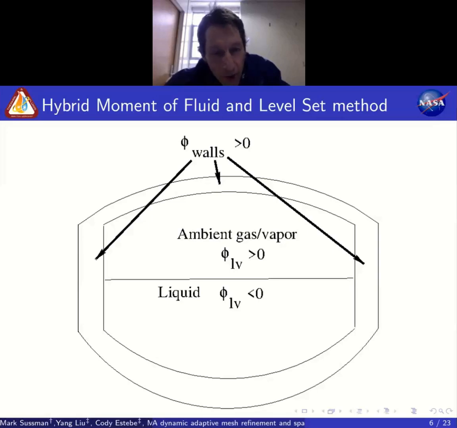We have adaptive mesh refinement, so we can vary the grid resolution, and we can also vary the temporal resolution, so the order of accuracy in the time discretization. We use adaptive mesh refinement in space, and in time, we use the so-called spectral deferred correction method.